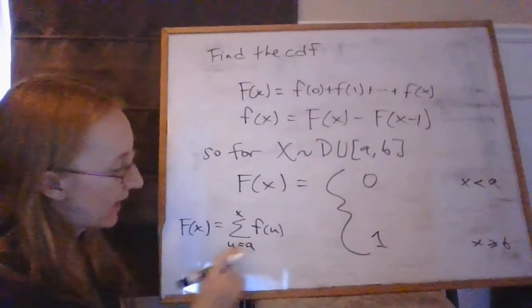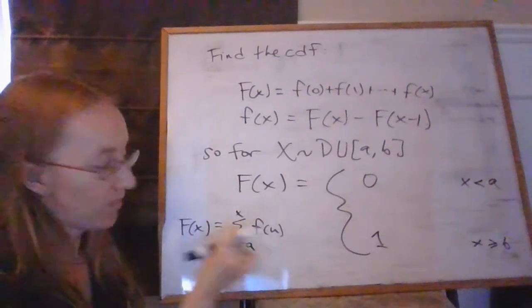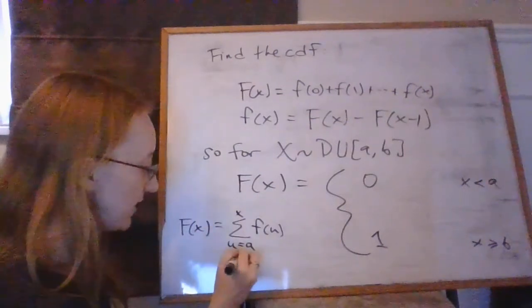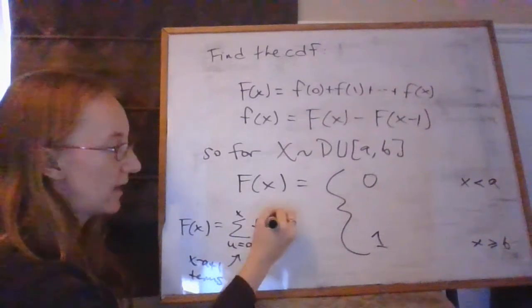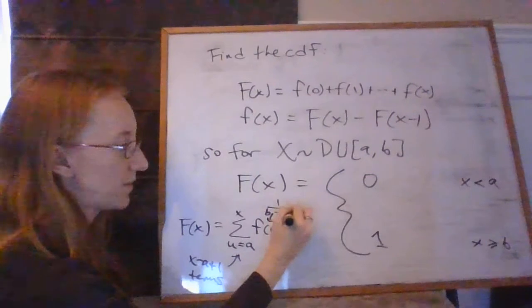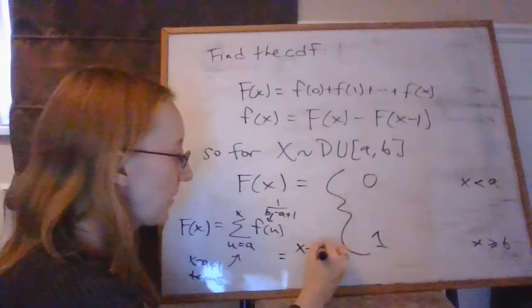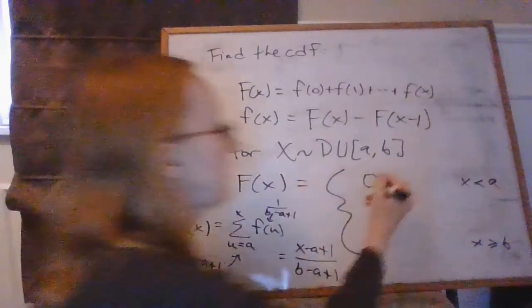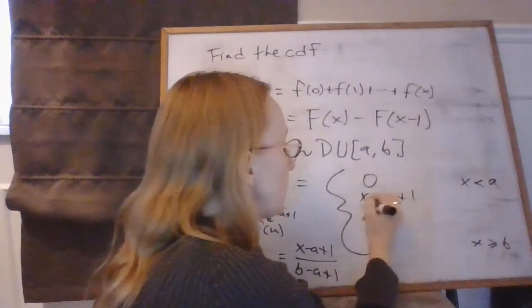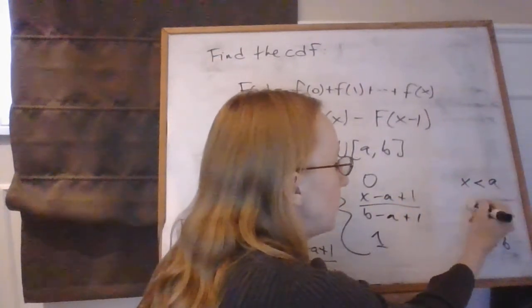So the only thing we need to know is how many terms are in this sum. Assuming x is an integer, there are x minus a plus 1 terms in the sum, each equal to 1 over b minus a plus 1. So when we put it all together, we get x minus a plus 1 over b minus a plus 1, for anywhere x is between a and b.